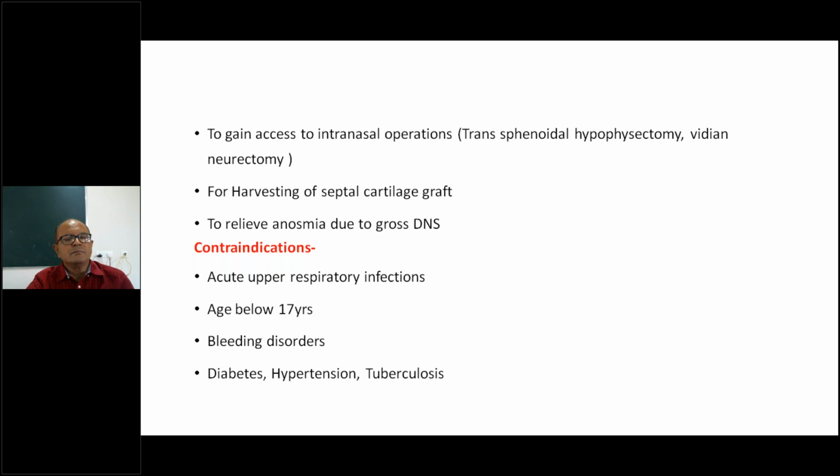So the SMR, now coming to the SMR part, we have discussed so much about septoplasty. The SMR is very important to gain access to intranasal operations like transsphenoidal hypophysectomy. Here you do an SMR, remove the cartilage, then remove the bony septum, and reach the rostrum of the sphenoid.